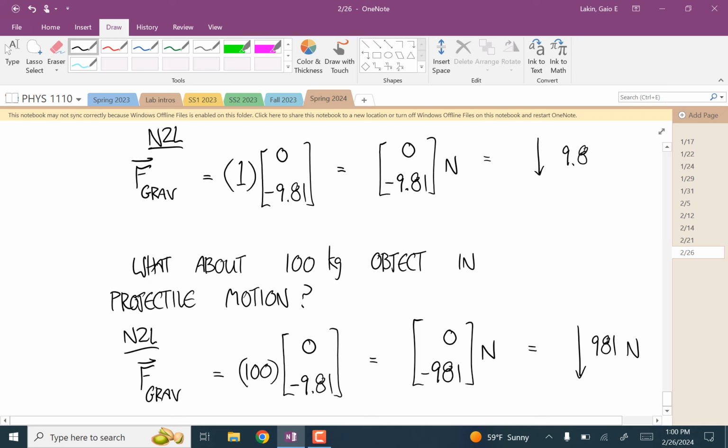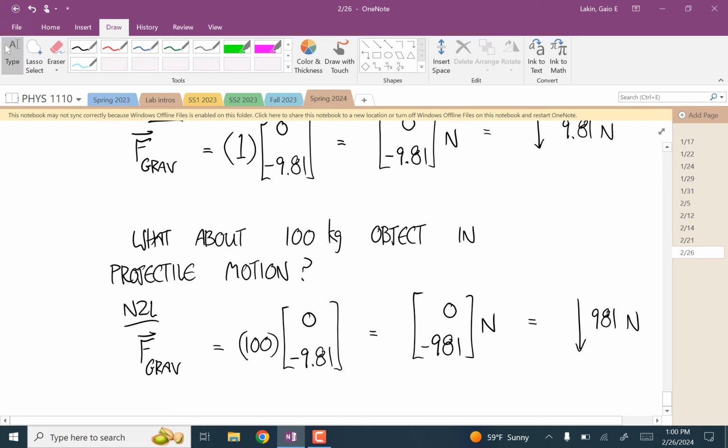So what we've seen is that we have two objects of two different masses, and gravity pulls on them with different strengths. Okay? The force that gravity applies to an object depends on its mass. It changes as the mass changes.